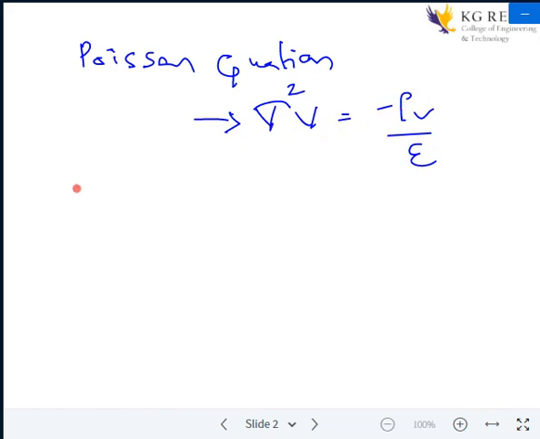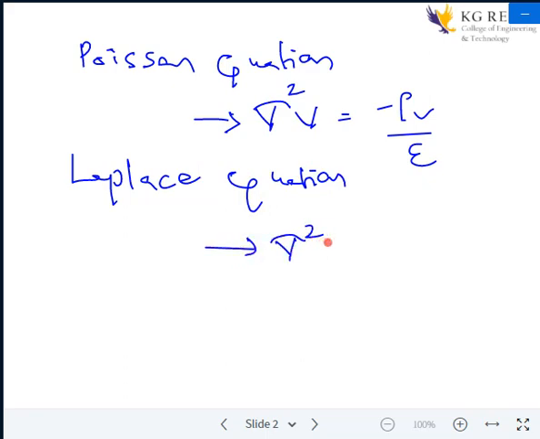But in the Laplace equation there is a small change: as it is considered to be a free charge region, the same equation becomes 0.